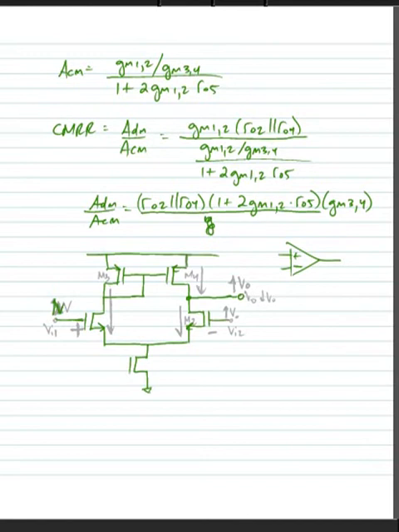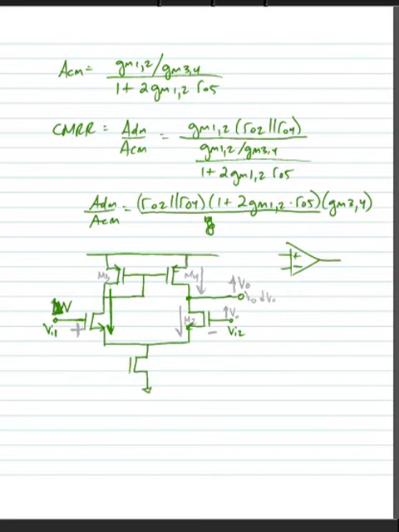Okay, so if we put a plus delta V on the terminal that we're looking at right here, VI1, we'll label this VI2. We put a plus delta V on terminal VI1, we'd see that more current would flow through this branch. So we'd have an increase in current in this branch.